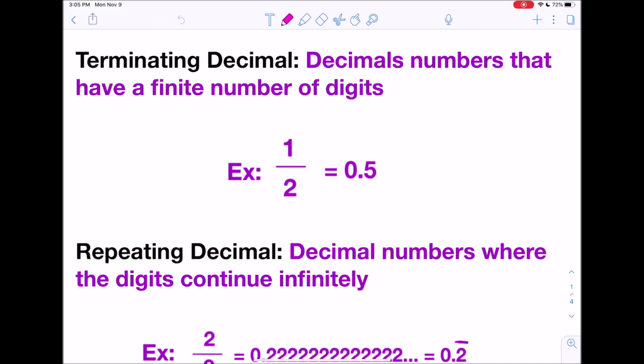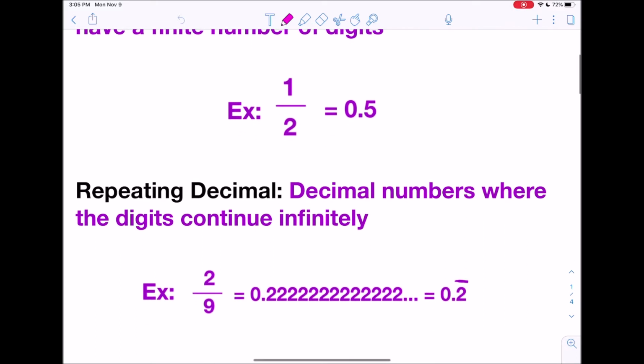5. Okay. On the other hand, a repeating decimal is a decimal number where the digits continue infinitely, meaning forever. So here's an example, 2/9. Well, if I were to divide 2 by 9, we get 0.222222222, and it goes on forever.